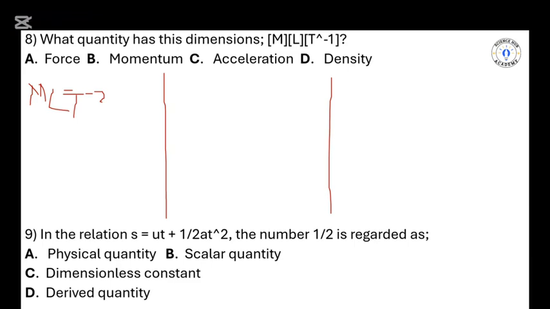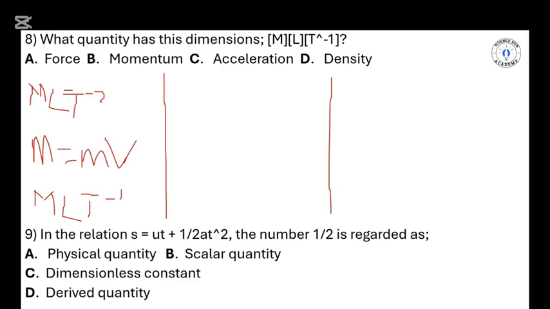Momentum is mass times velocity. Momentum of a particle is the product of the mass of the body and its velocity. What is the dimension for mass? Capital M. Velocity, displacement over time, that is L over time, L T to the power -1. Is that the correct option? M L T to the power -1. That is momentum. Option B is correct.